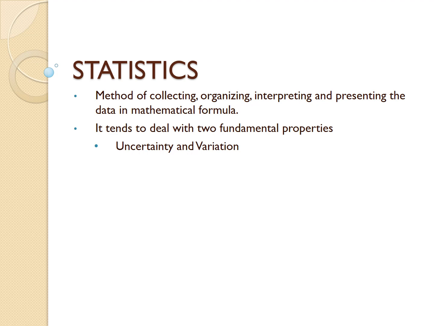So what it is, basically, is a method of collecting, organizing, interpreting, and presenting the data in mathematical formula. It tends to deal with two fundamental properties. It helps to answer about uncertainty and the variation.